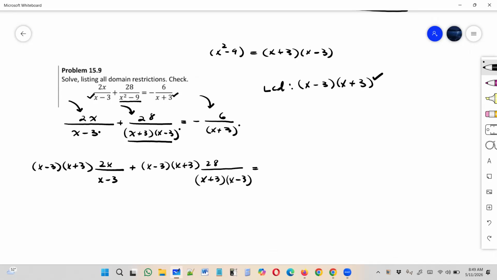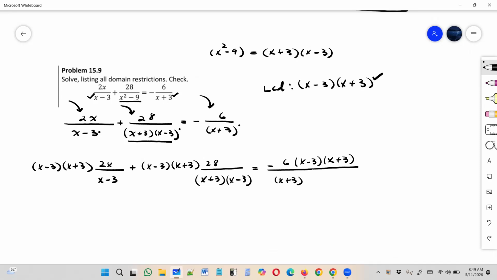Once we do that, our goal is to eliminate the denominator, right? So I've multiplied every single term by the LCD.